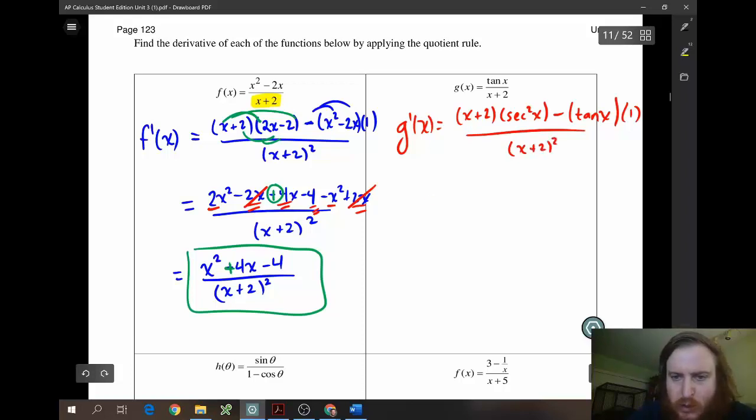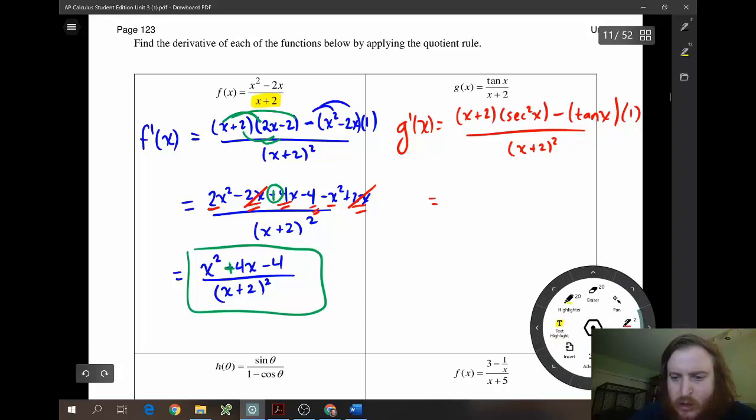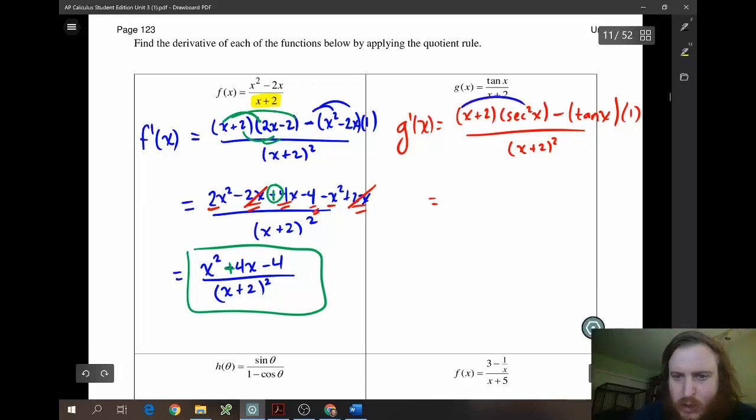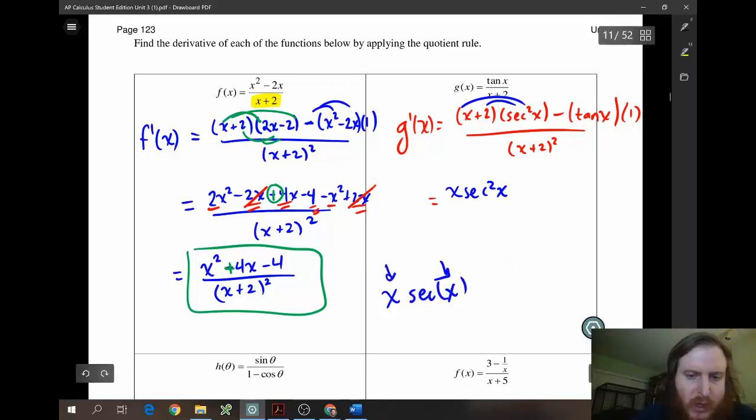So again, we're going to expand out the numerator, and we're going to leave the denominator factored. So x times secant squared would be x secant squared x. Do not multiply the x with the x inside of secant squared. Right? This is x times secant of x. This x is inside of secant. This x is being multiplied on the outside.